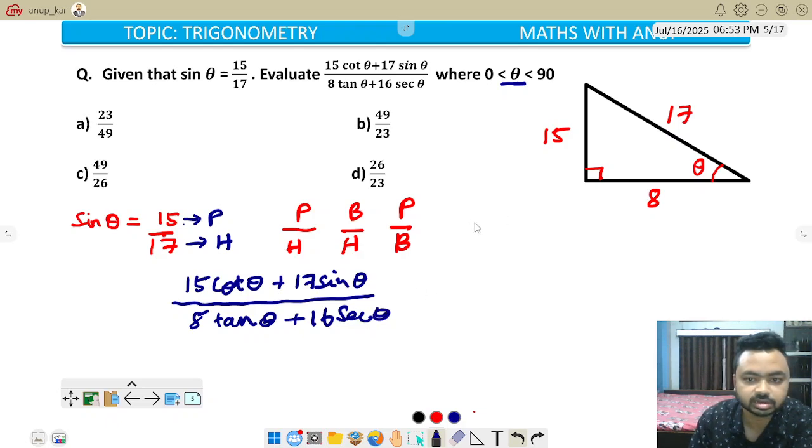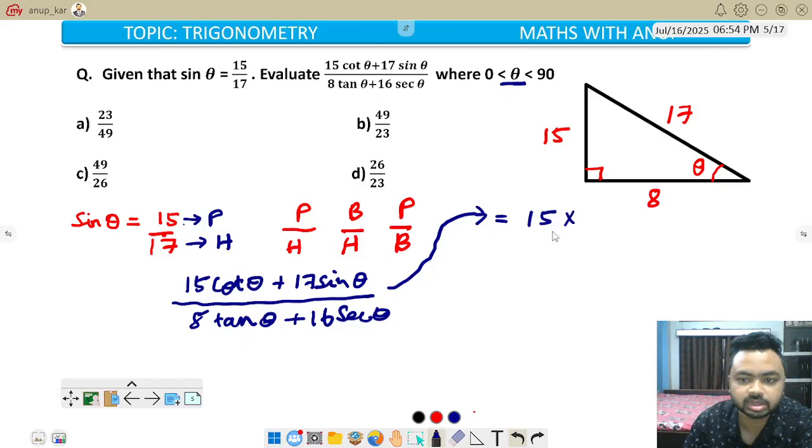I am writing it here. So 15 cot theta is how much? Cot theta value will be base upon perpendicular, because the tan theta ratio is perpendicular upon base. So base is 8 and perpendicular is 15.